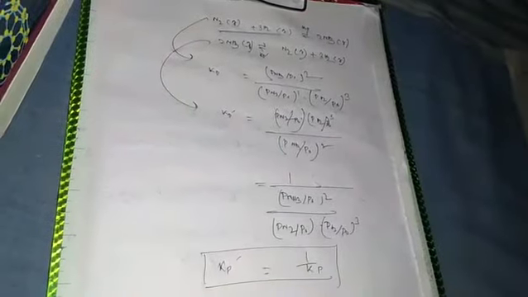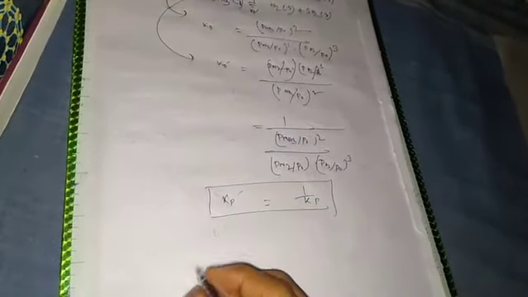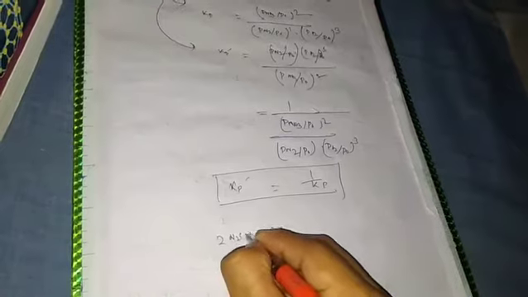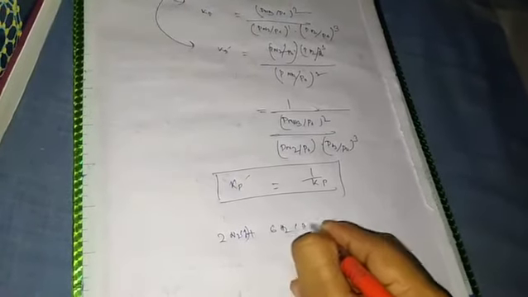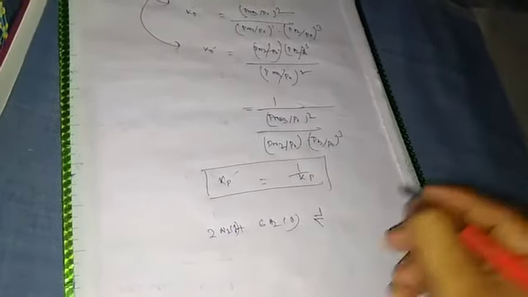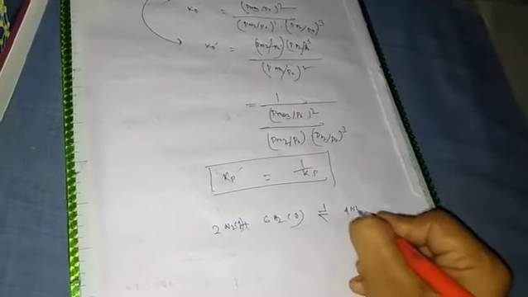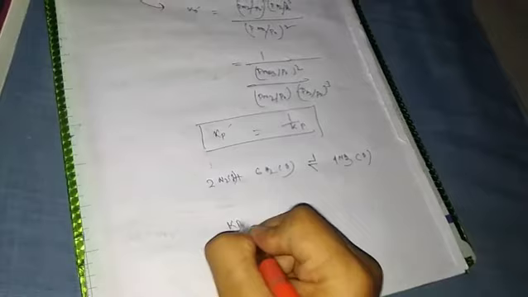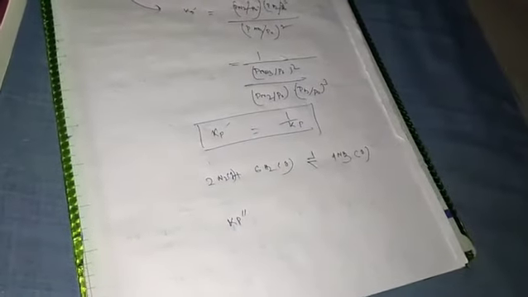Now if we multiply this reaction, what will be the effect on Kp? We multiply it by 2: 2N2 plus 6H2 gives 4NH3, and for this reaction it will be Kp double dash.